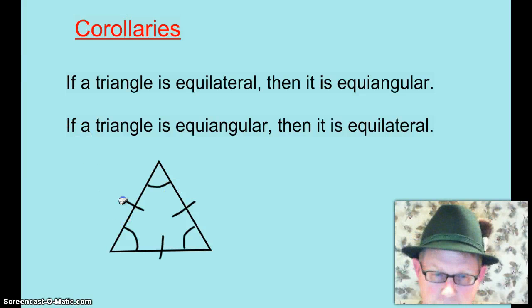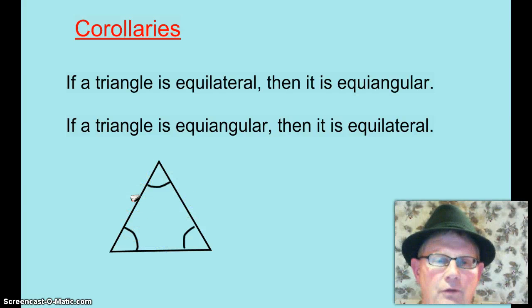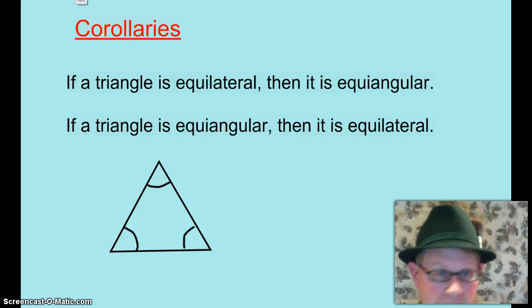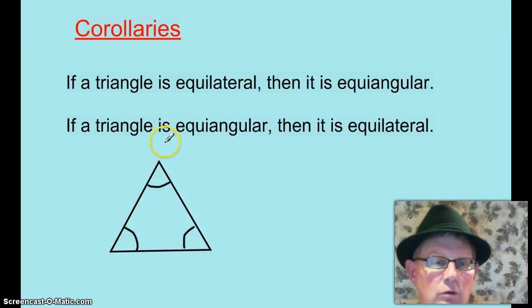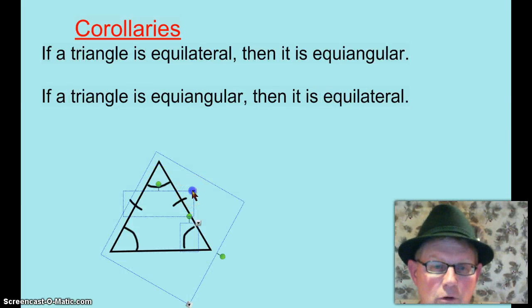And conversely, if you're given all three angles of a triangle congruent, equiangular, then you can use the base angle converse to get those two sides congruent. And then we'll group those.